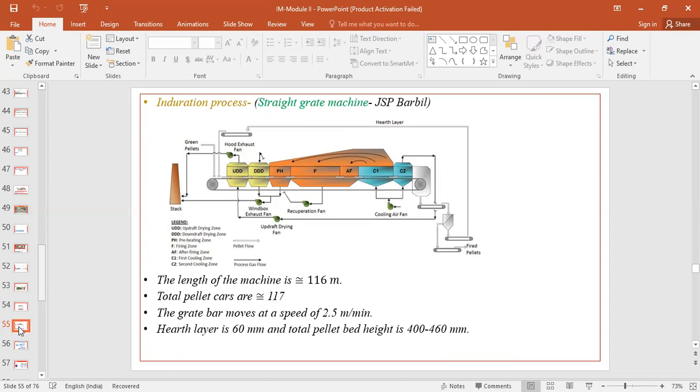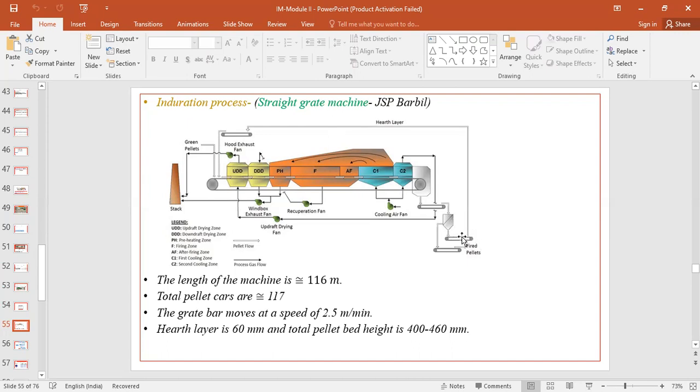The next one is the Straight-grate machine, where again you don't have any kiln, but you have entirely a straight grate. Here also you can see the chambers: UDD is the updraft drying zone, this is the downdraft drying zone, then the preheating zone, then the firing zone, then the after-firing zone, then cooling zone 1, cooling zone 2, followed by a conveyor belt and a screening system.